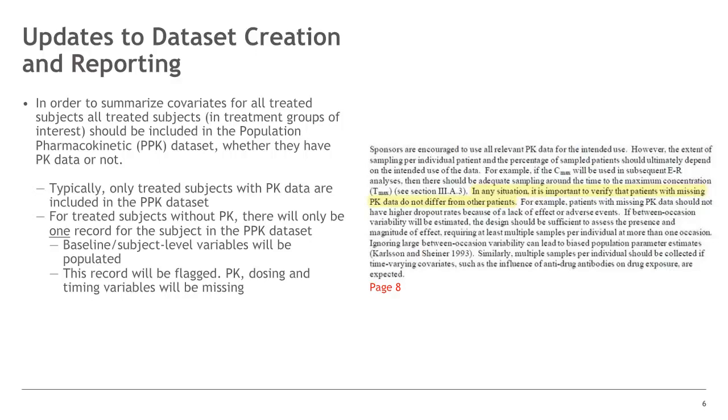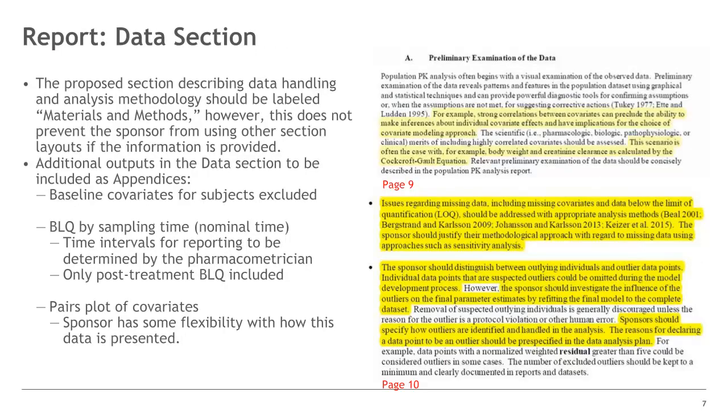If we can go to the next slide, Dave. So here, there's a bunch of things that they spoke about, right? One is the very beginning paragraph. It says, strong correlations between covariates can preclude the ability to make inferences about individual covariate effects and have implications for the choice of covariate modeling approach.